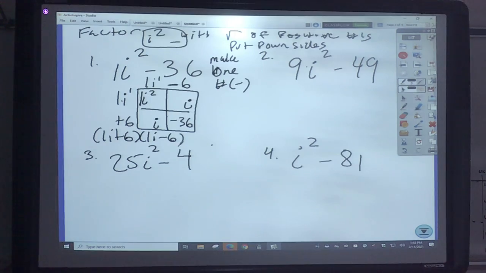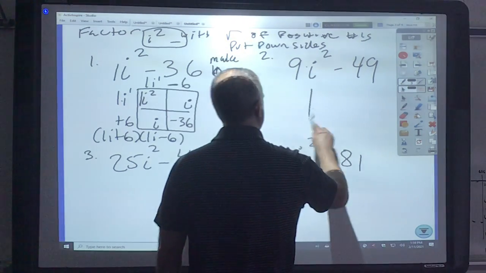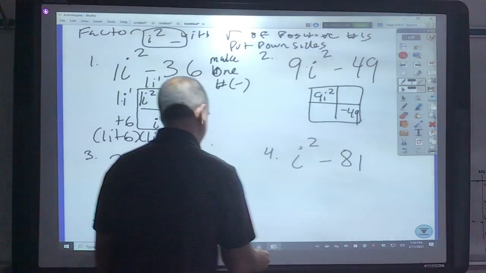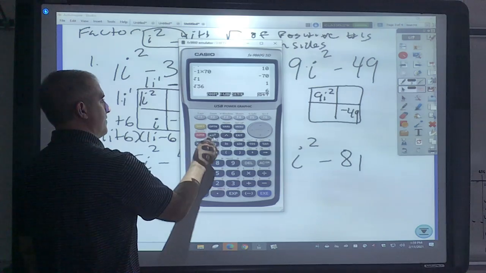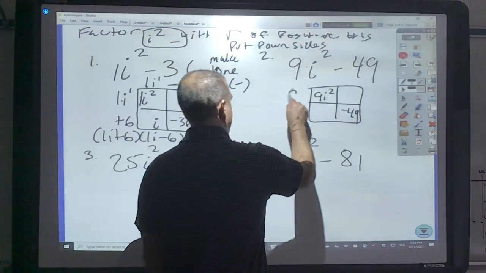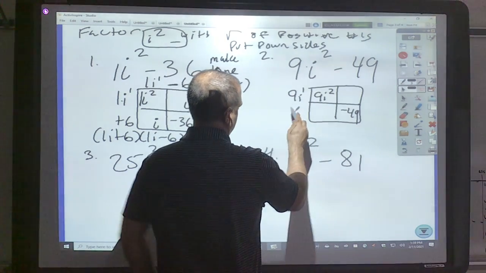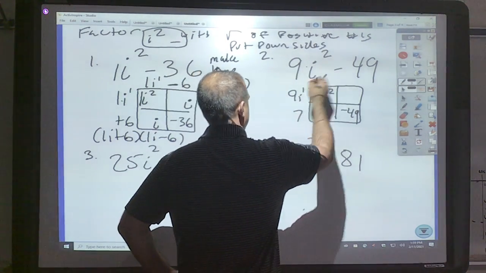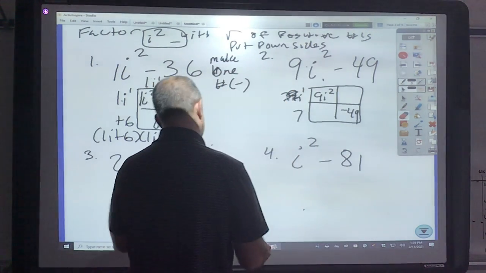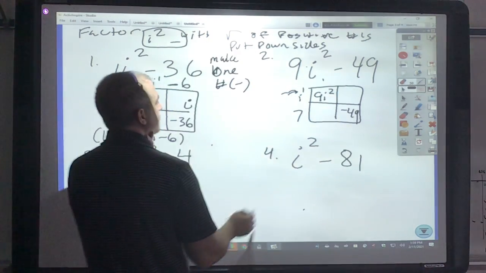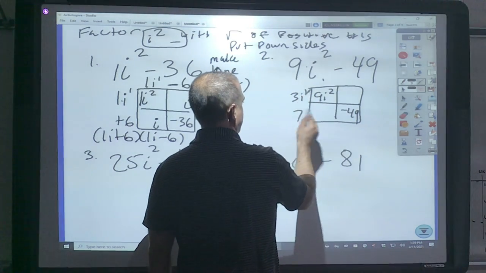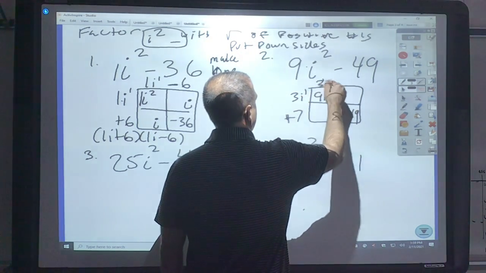Now, same thing here. Make my box 9I squared minus 49. Square root of 9, square root of 49. So that's 3I to the first and 7, 3I to the first and 7.